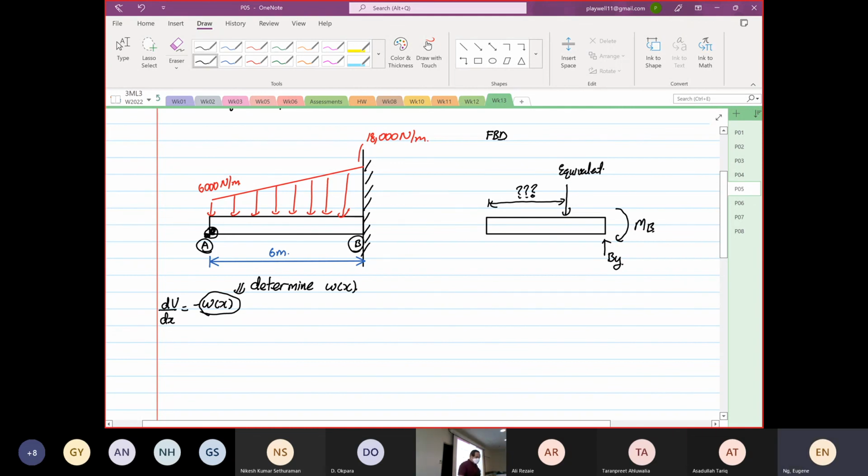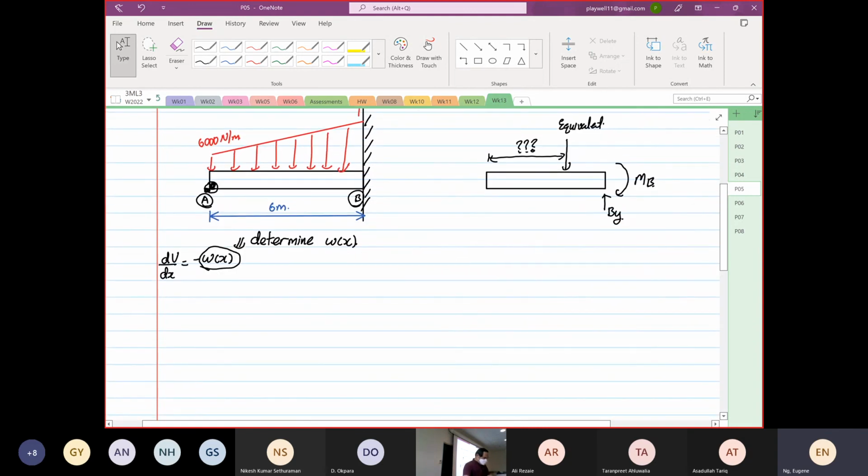Okay, so now I'm going to sketch a different graph. This is your omega, and this is your x.